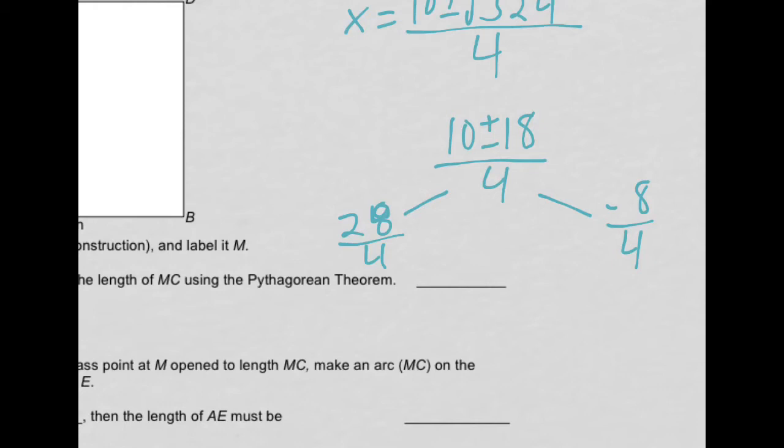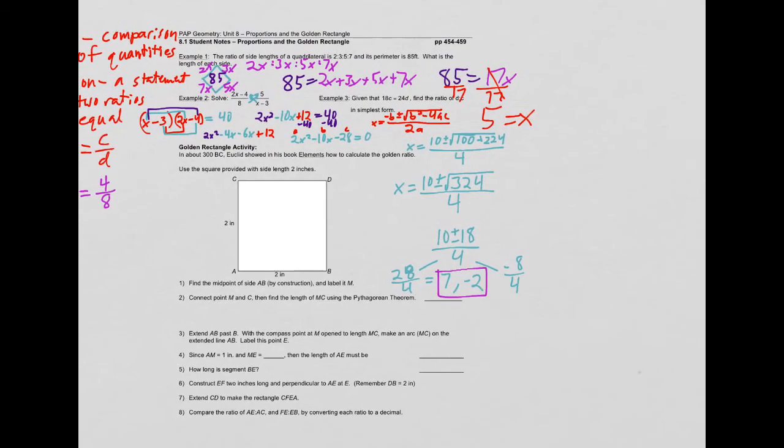And of course, 28 over 4 is 7, and negative 8 over 4 is negative 2. So after all of that, we've got our answers right here. X is equal to 7 and negative 2.